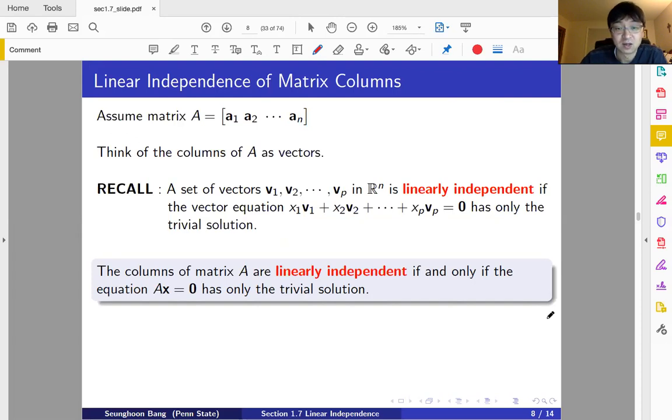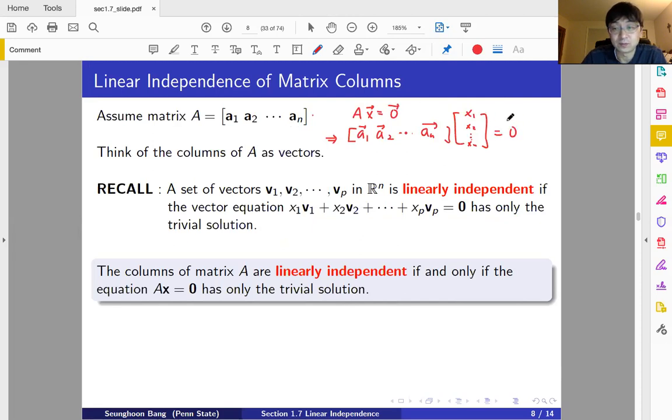Does it make sense? Here, the next one. You can multiply this matrix times vector X. Matrix A times vector X equal to 0. So what's that? This is the same as vector A1, vector A2, keep going, vector AN times vector X, which is X1, X2, Xn, equal to the 0 vector.